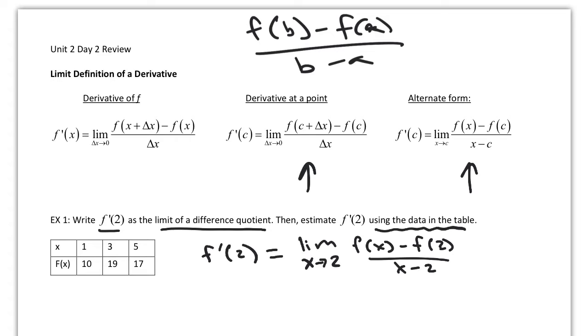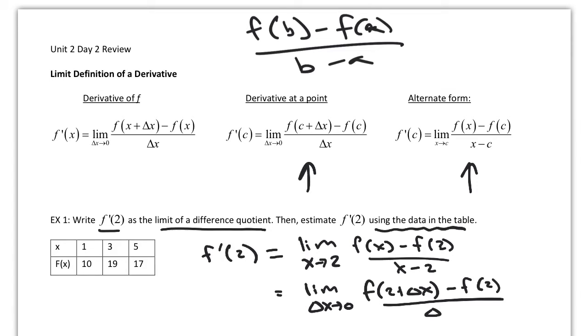We could use the derivative at a point, so this would be an acceptable answer as well. Limit as delta x approaches 0 of f of 2 plus delta x minus f of 2, over delta x. So either of those would be great for the first part.